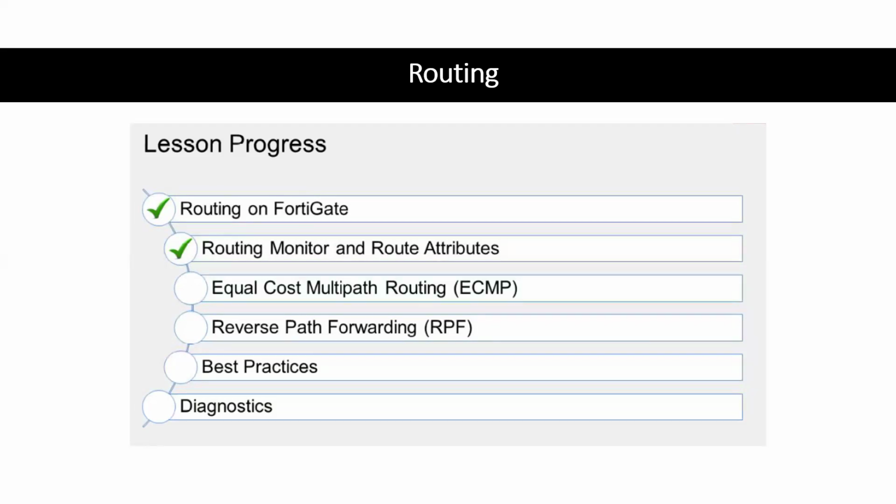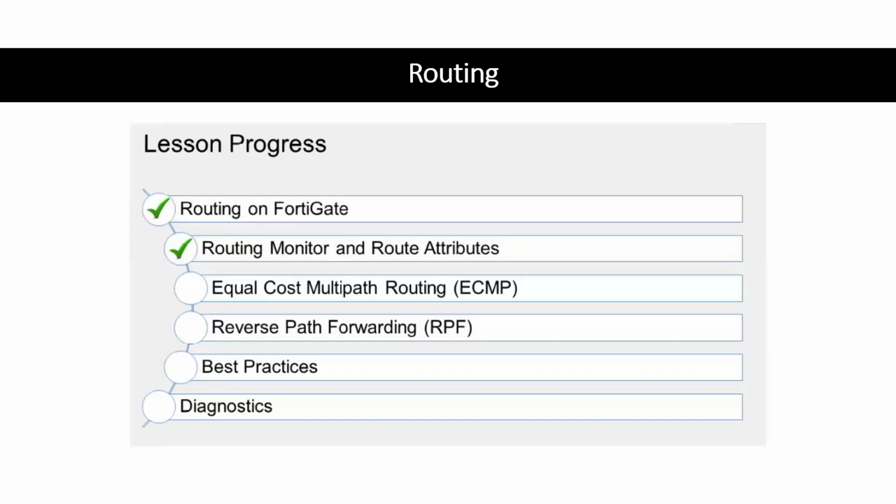Okay, last question. Which static route attribute does not appear on the GUI routing monitor? Is it A, distance, or B, priority?